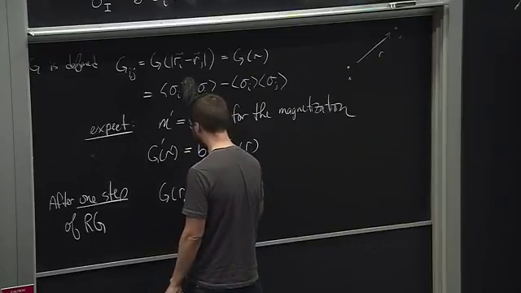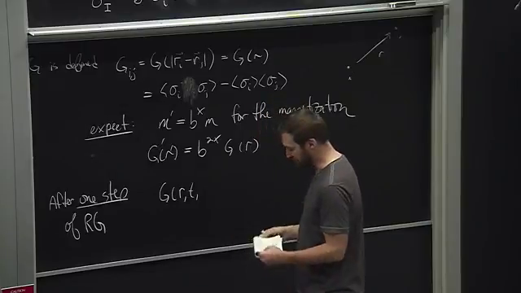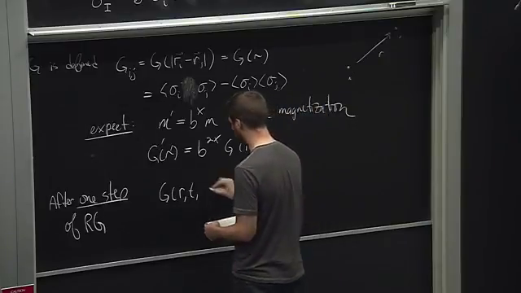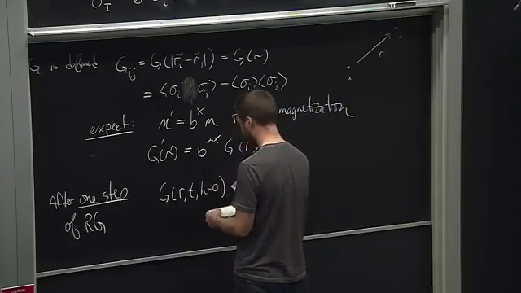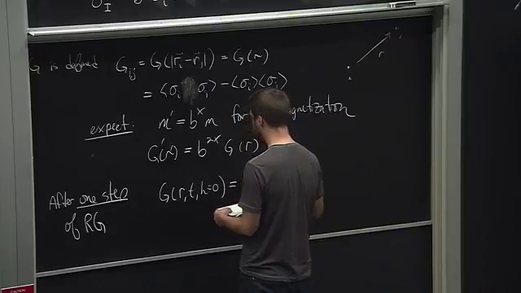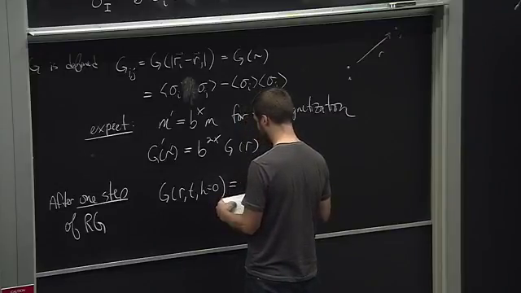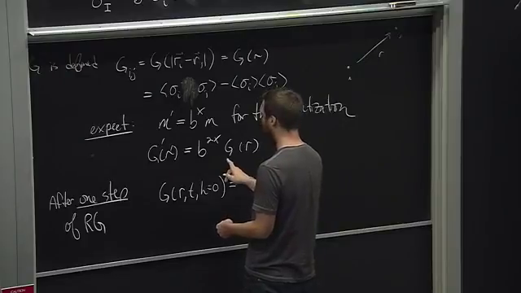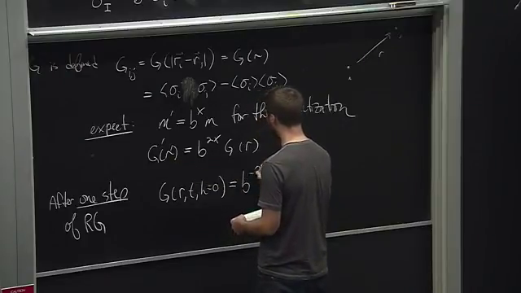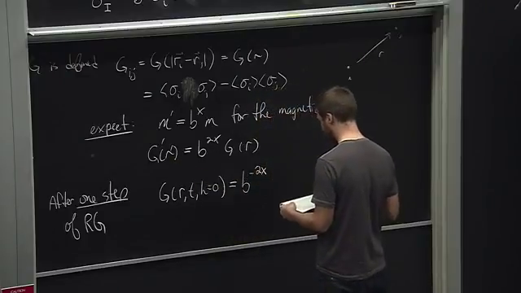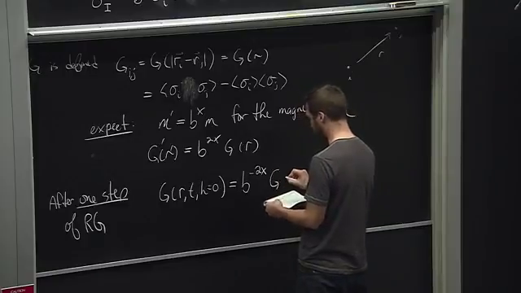So let me write in terms of R, t, and I think I want h equals 0. Yes, I do. So I'm just going to write in terms of R and t. I'm inverting this, so it's b to the minus 2x. And this is my G prime.